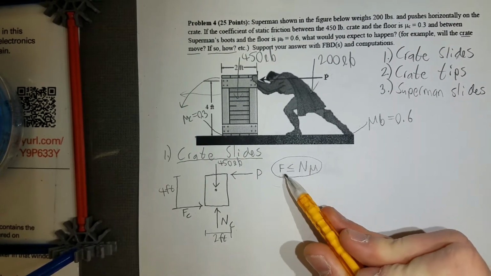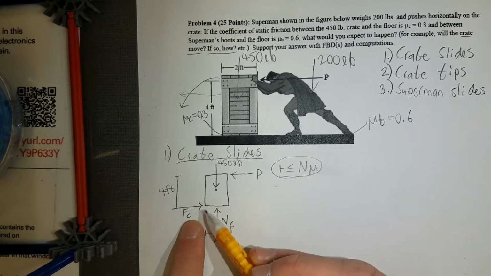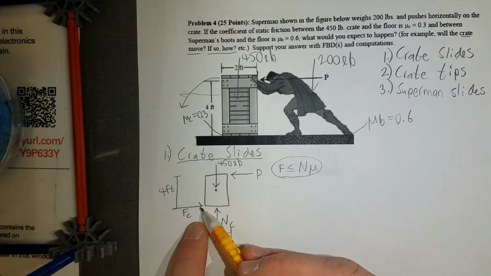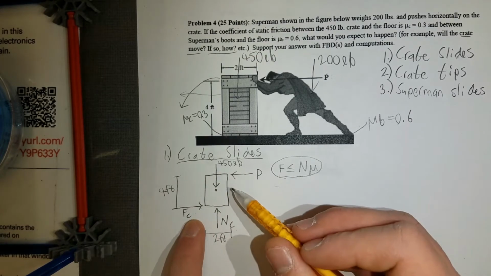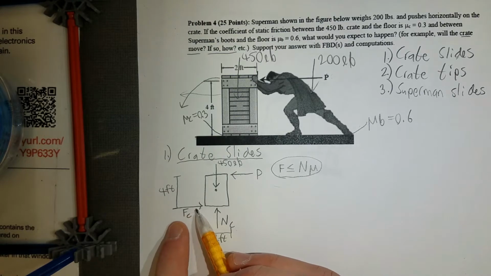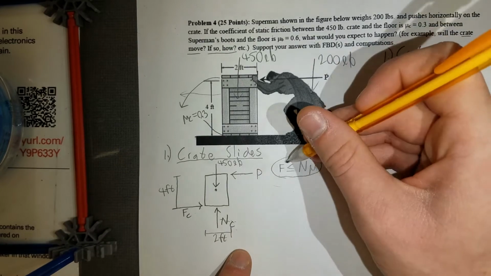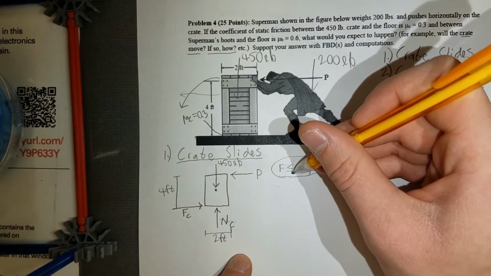But this is a typical rule that, let's say if P were a very small number, friction would be exactly equal to it, just because the crate wouldn't be moving. So as P would increase, friction would keep increasing and increasing up until it reaches that point. So that's why I say less than or equal to.